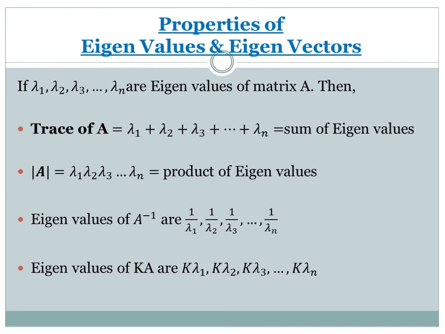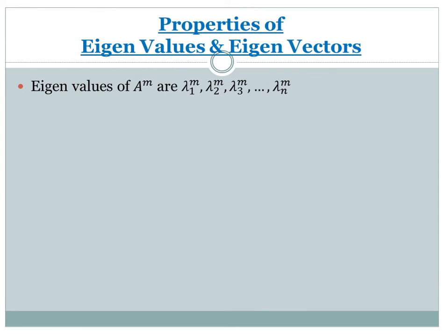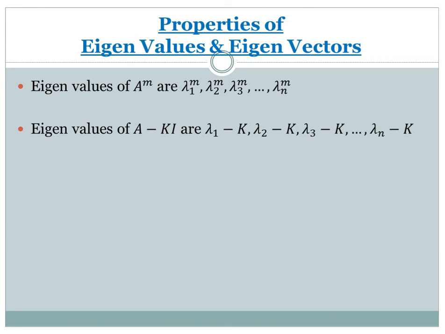The next property: eigenvalues of A raised to m are lambda 1 raised to m, lambda 2 raised to m, lambda 3 raised to m and so on up to lambda n raised to m. Next, eigenvalues of matrix A minus kI are lambda 1 minus k, lambda 2 minus k, lambda 3 minus k, up to lambda n minus k.